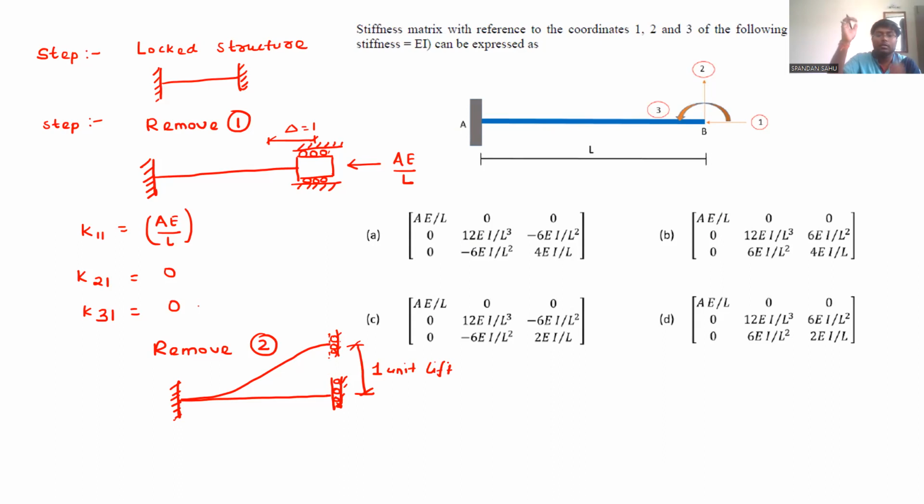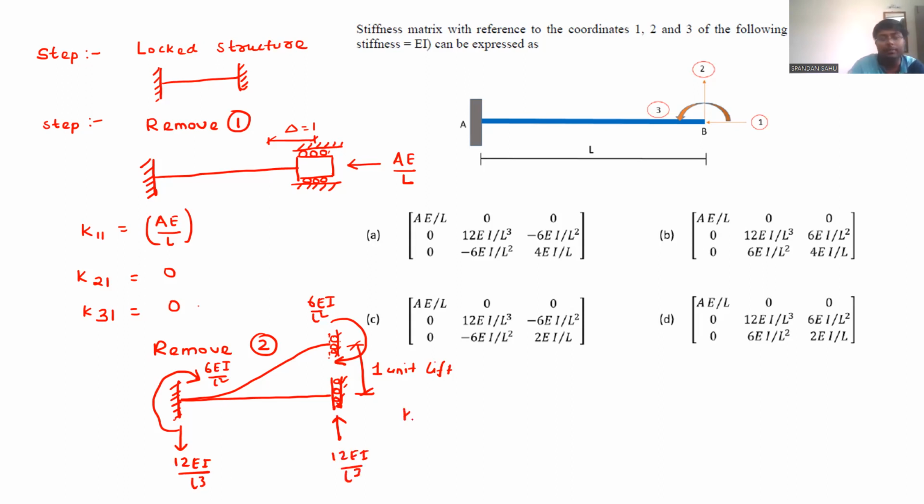We have made a mistake here. Last 6 EI by L square, 6 EI by L square are clockwise. So we need anti-clockwise couple. 12 EI by L cube.